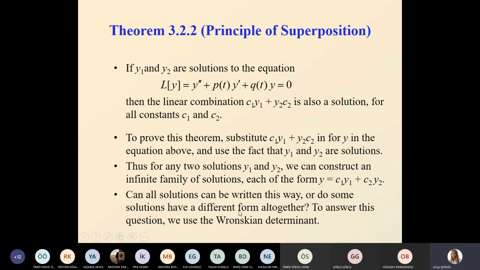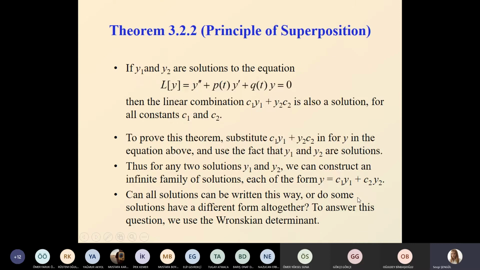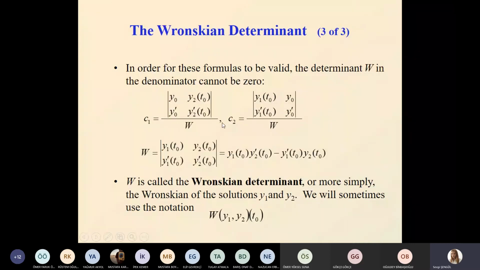To be able to say that, we need also to check the Wronskian. Okay, and what is the Wronskian? You should check that the Wronskian cannot be 0, because once you plug these into your equation, you will see that for C1 and C2, this determinant comes in the denominator. And since it is in the denominator, it cannot be 0. You need to make sure the Wronskian is not 0 to be able to say that these solutions form your fundamental set of solutions.